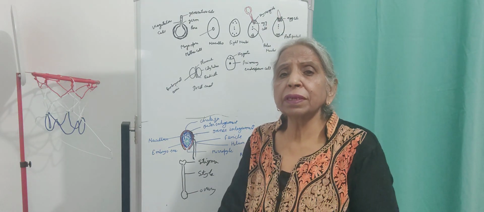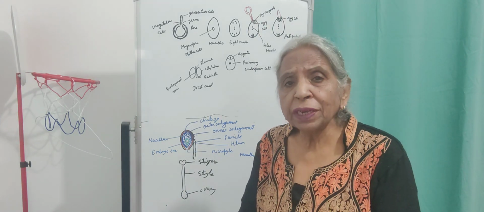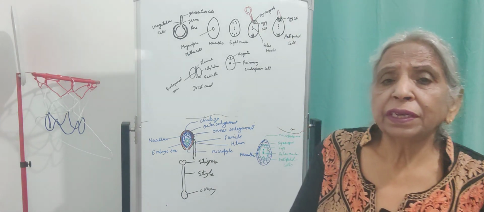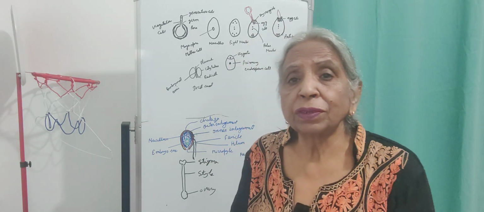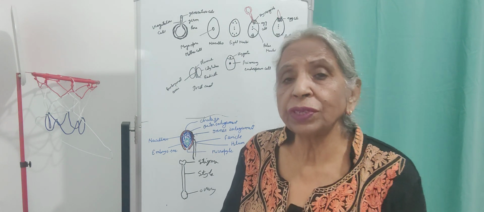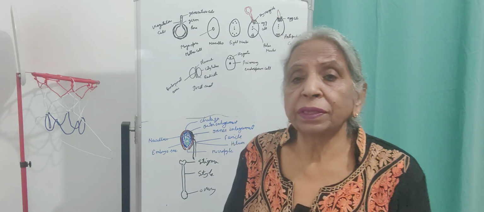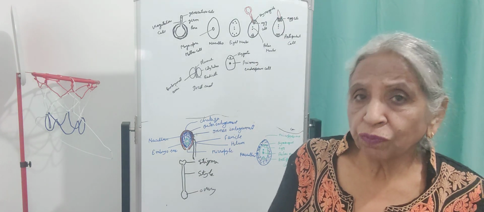Otherwise, what is the viability of pollen grains? Viability may be a few minutes, that is 30 minutes, as in the case of grasses, or it may be for months and years, as in the case of Leguminosae, Rosaceae, and Solanaceae.